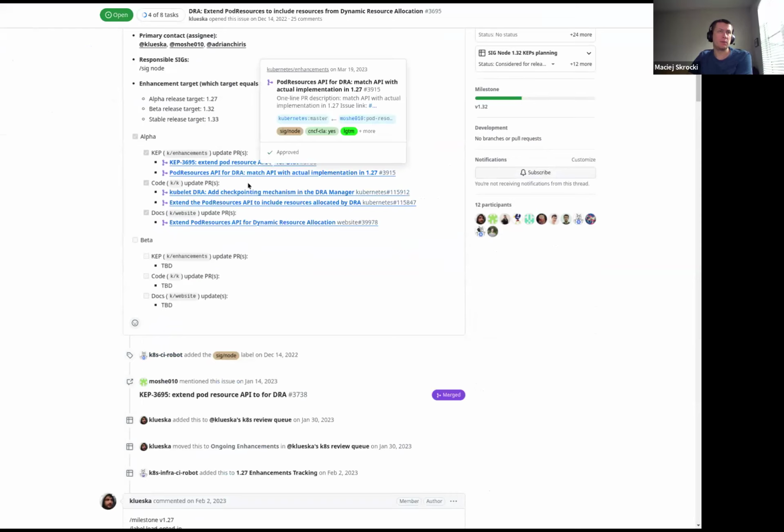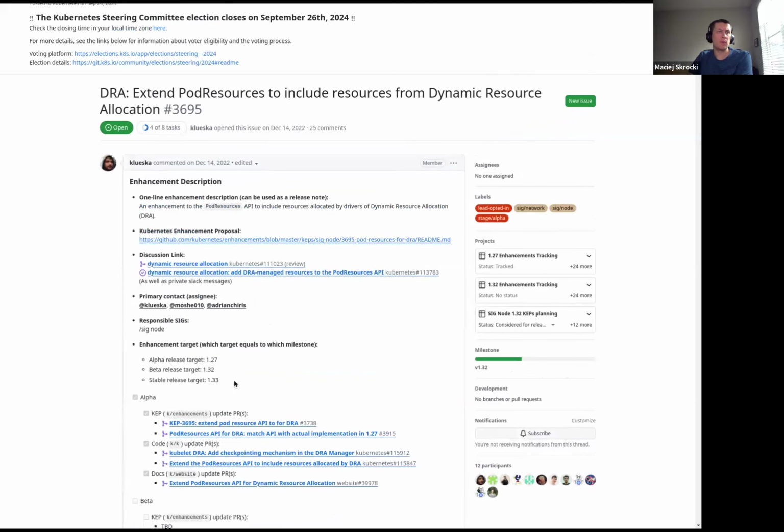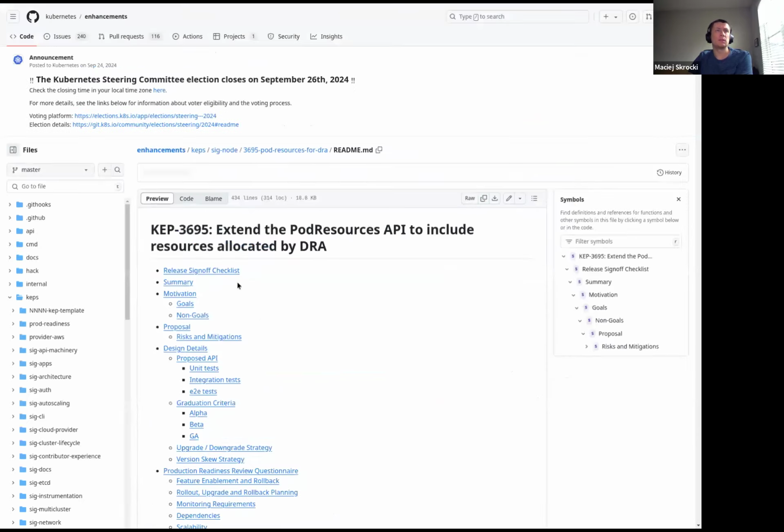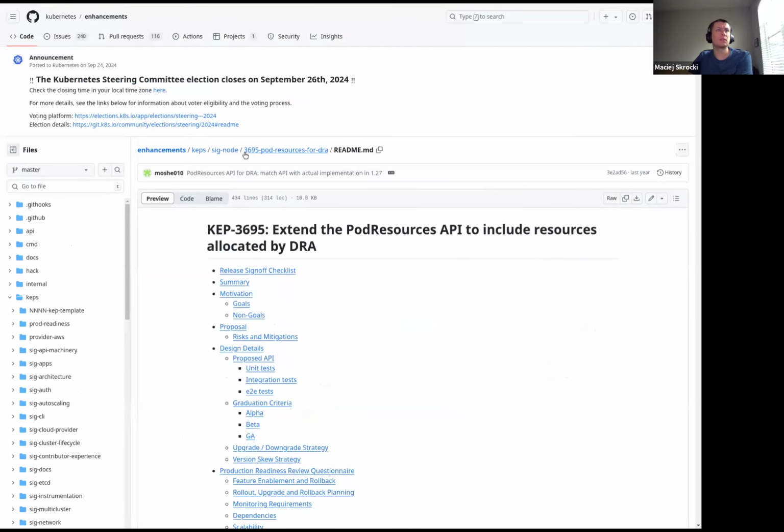So pod resource API for DRA. Where is the discussion link? Oh, this is the one. Is that one merged? So the KEP got merged? Yes, it is.